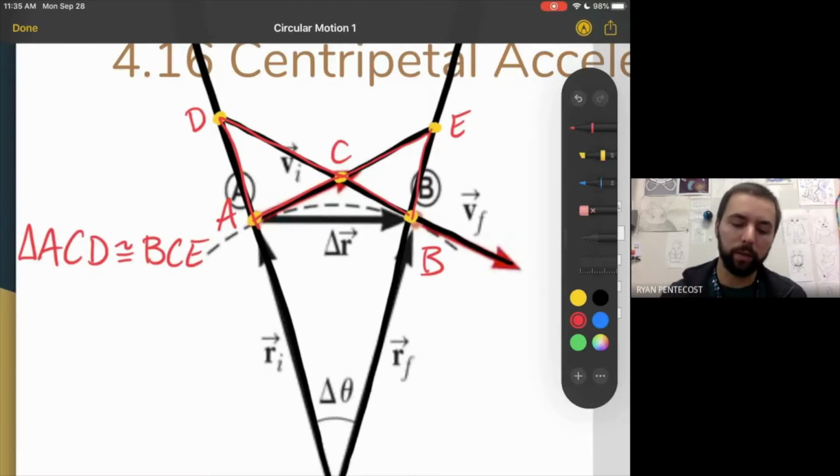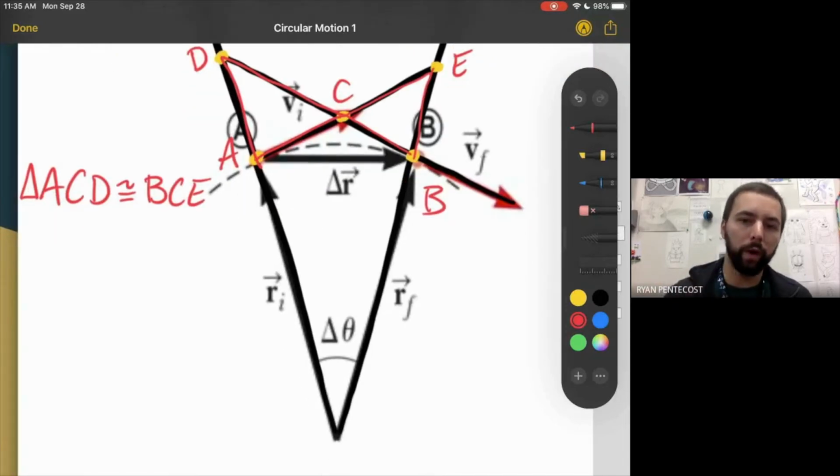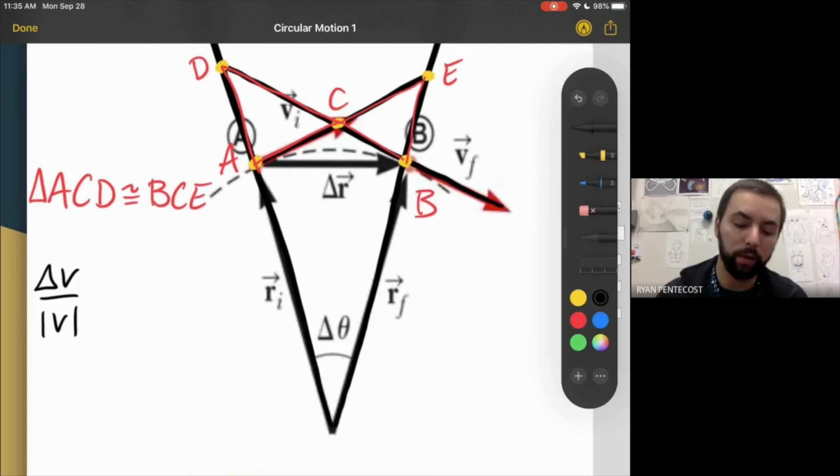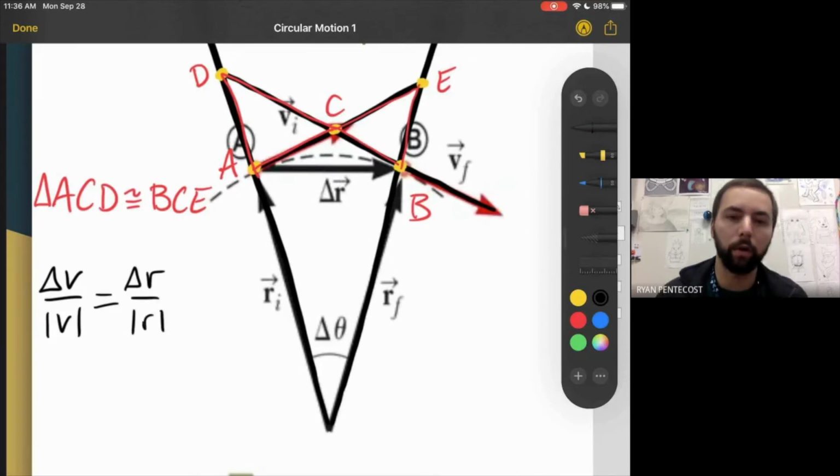All of that work shows us that mathematically we are able to say that, if we had the triangle relationship, delta V divided by the magnitude of V, because remember, the magnitude has not changed, only the direction, is equal to delta R over the magnitude of R. That ratio between the change in velocity and the magnitude of velocity is the same as the change in position over the magnitude of the position vector.